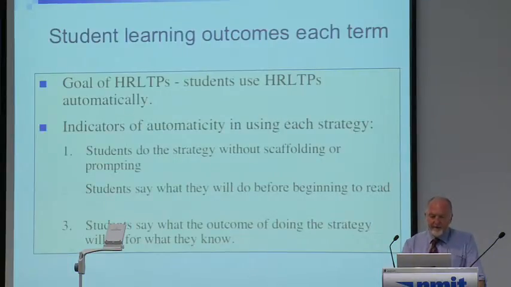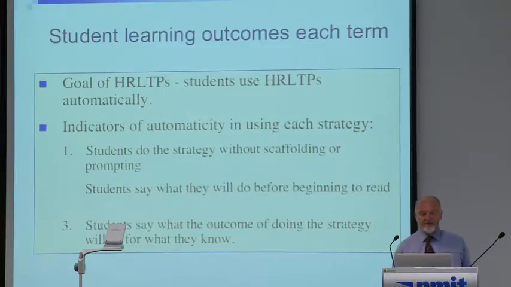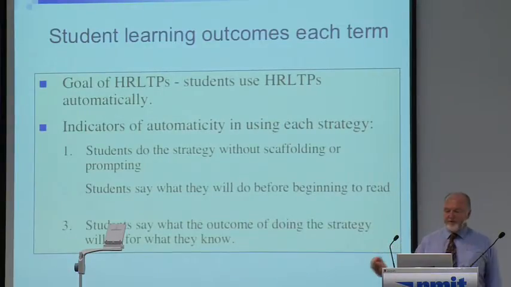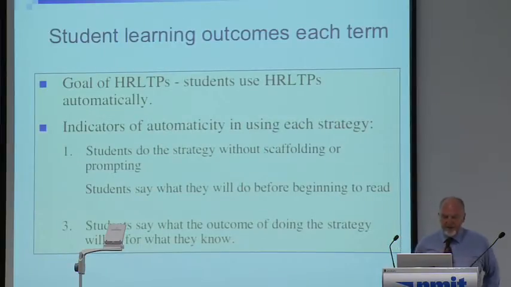Okay, so if we're going to look at setting some student goals, one area in which we need to set the goals for the students in terms of student outcomes is to be aware of that automaticity aspect. And I've mentioned that in your notes and we've talked about it already.